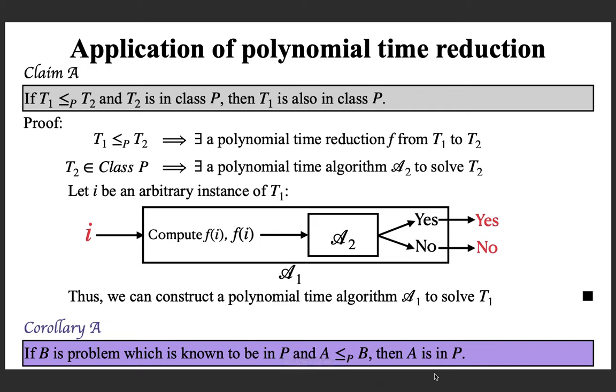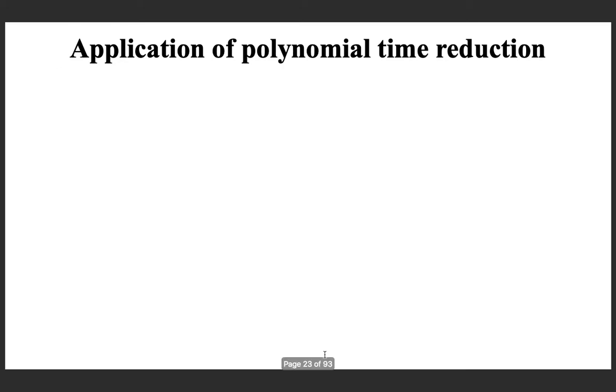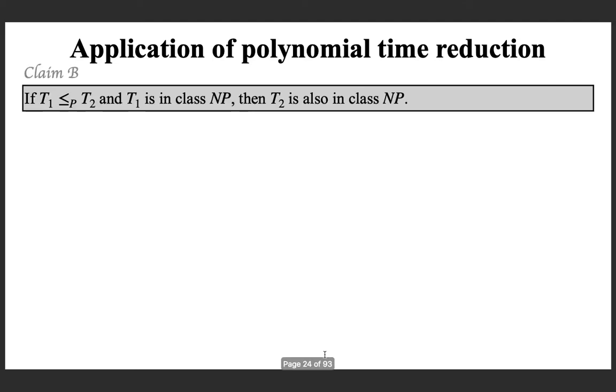Another application. Now we have seen an application where you can use reduction to prove that the problem is in class P. Now we are going to see another application where you can use polynomial time reduction to prove that a problem is in class NP. A very similar case, suppose T1 is polynomial time reducible to T2, and T1 is in class NP.